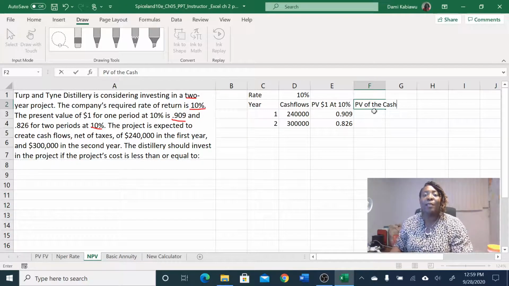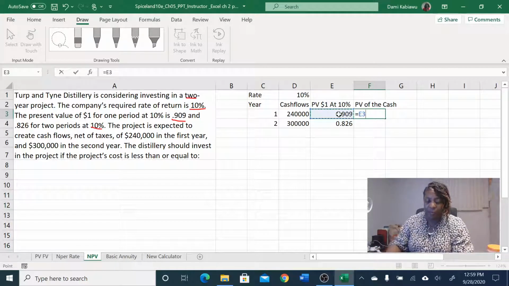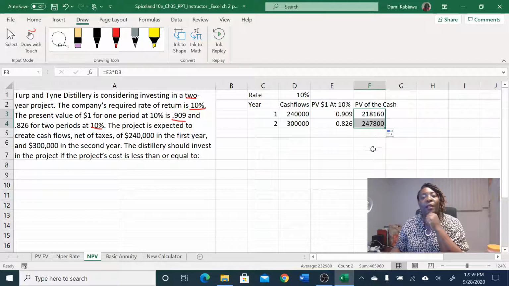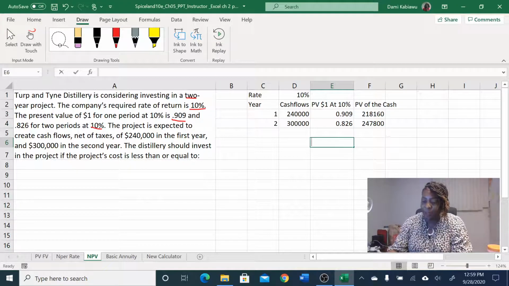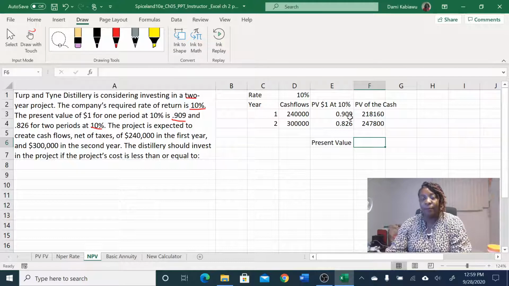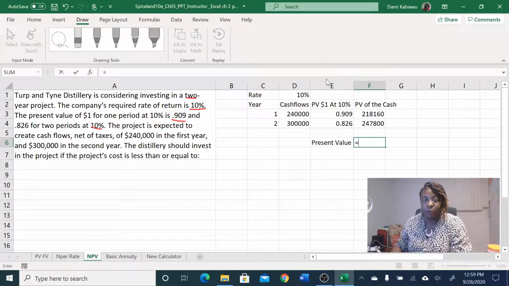Because we've been given the present value of $1, we can simply say is equal to the present value of $1 times the cash flows. So that's the present value of the first one, and that's the present value of the second payment. That means that the present value of the whole investment is the sum of the two.